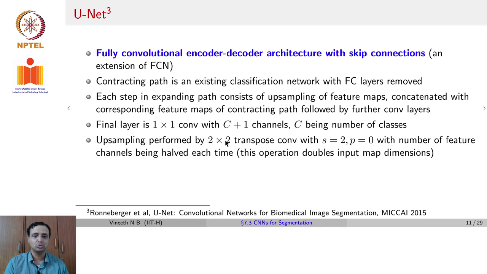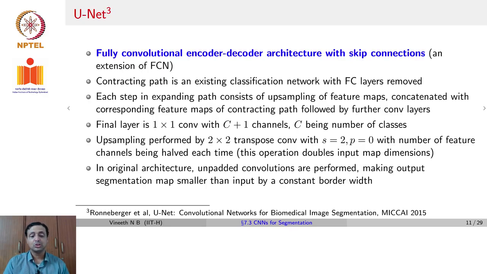With a 2x2 transpose convolution and channels being halved, the total input map dimensions will double at this time. In the original UNet architecture, unpadded convolutions are performed, which means the output segmentation is smaller than the input by a constant border width.